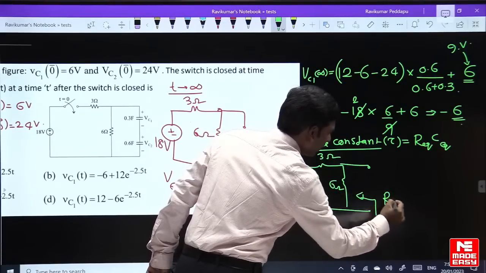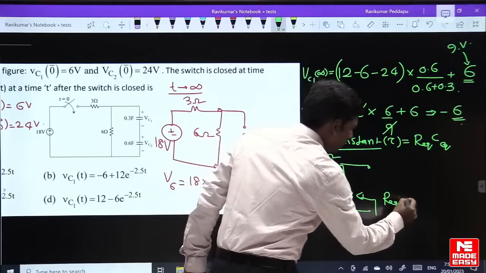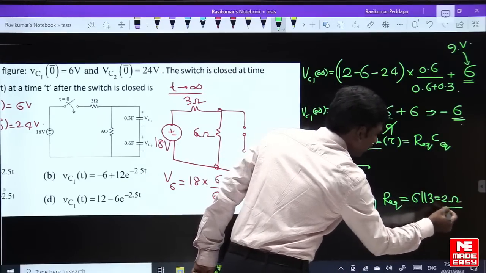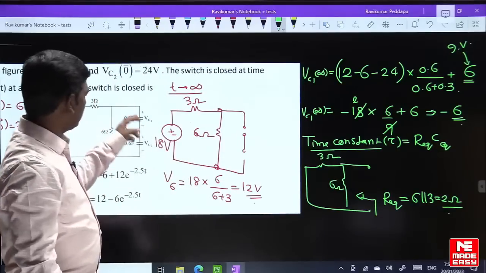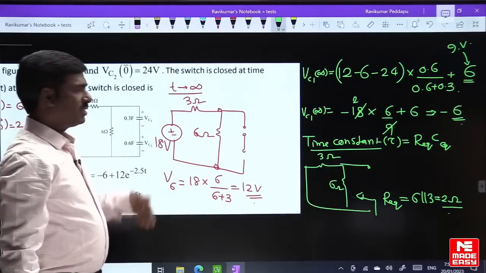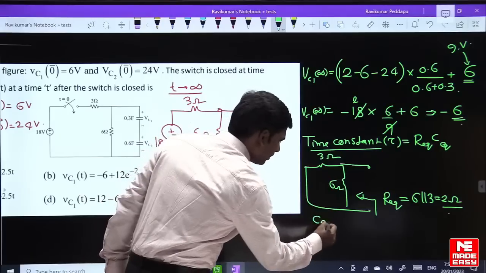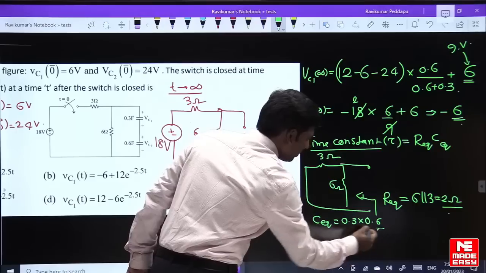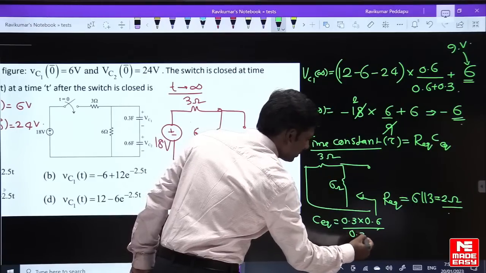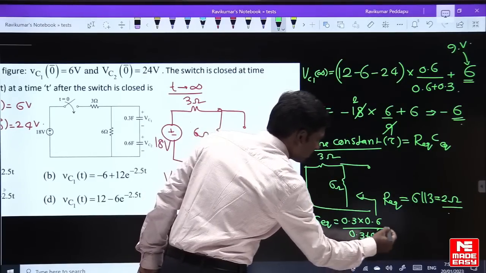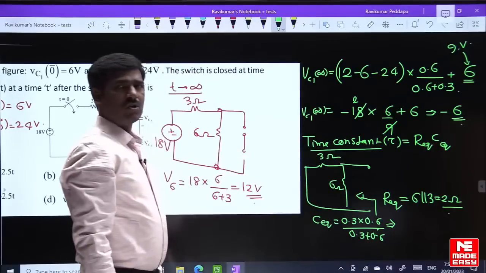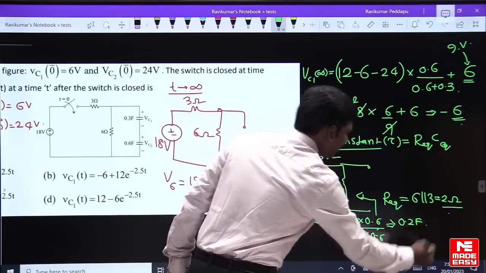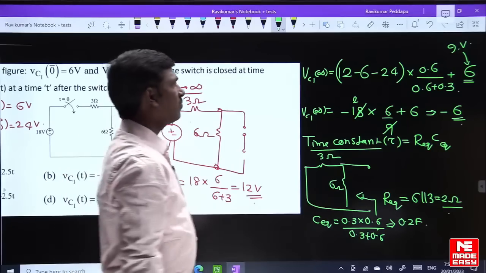R equivalent is 6 parallel with 3, which is equal to 2 ohms. What about C equivalent? Looking from the resistances, C equivalent is in series, that is 0.3 into 0.6 by 0.3 plus 0.6. This value is 0.2 farad. So I am now using the formula.